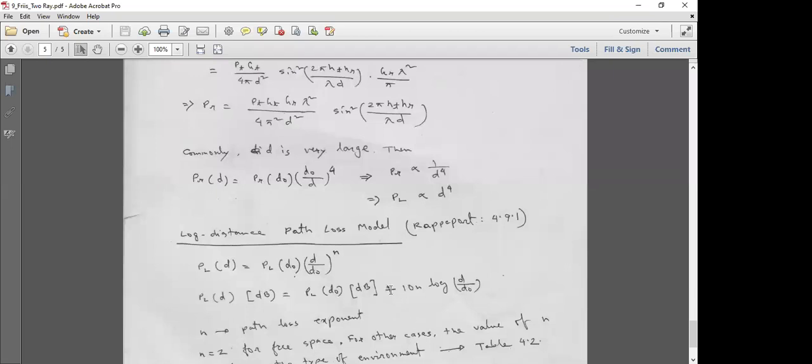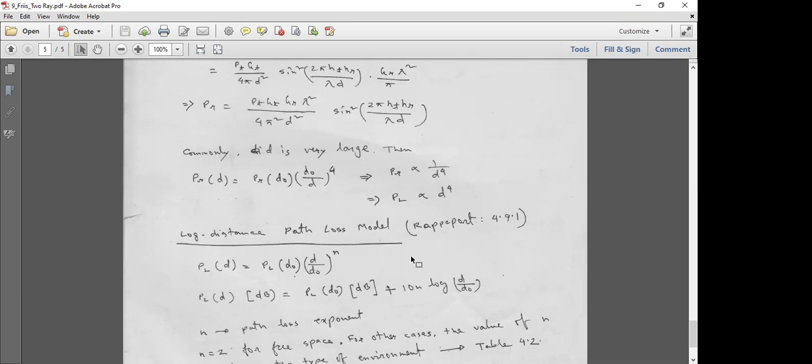The two expressions we have derived also represent path loss models. And there are many other path loss models. More than 100 path loss models are available these days, and you can select the right one for your particular environment.